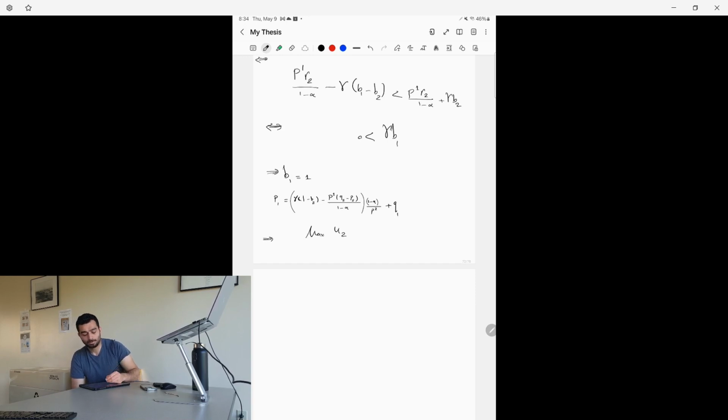U2, which is P2 minus M B2. What is the constraint?